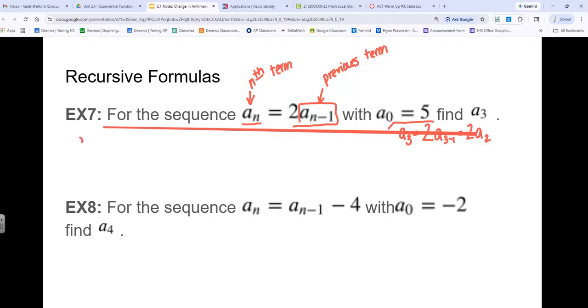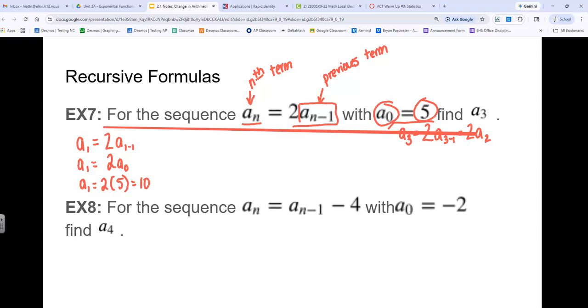So what I need to do is find a sub 1. Okay? So a sub 1 would equal 2 times a sub 1 minus 1. Right? What's 1 minus 1? 0, right? So we got a sub 0. Do they give us a sub 0? Right, here it is. It equals 5. So a sub 1 equals 2 times 5, which is 10.